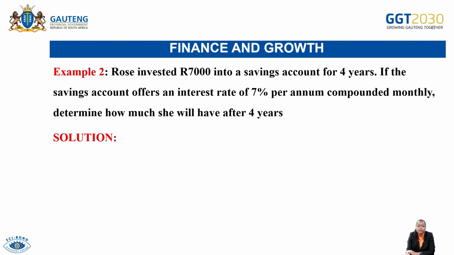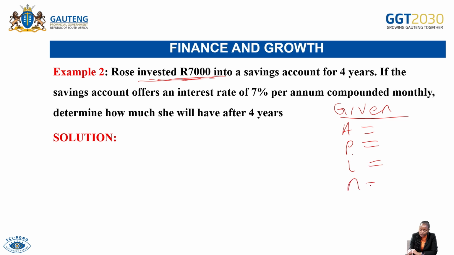Okay, let's go through example number 2. So Rose invested 7,000 into a savings account. So the amount that is invested here, it is how much? It is 7,000. So this is the initial amount, or our principal amount, or the amount that is invested, right? So when we are listing down what we are given, we'll say our A, our P, our I, then our N, right?